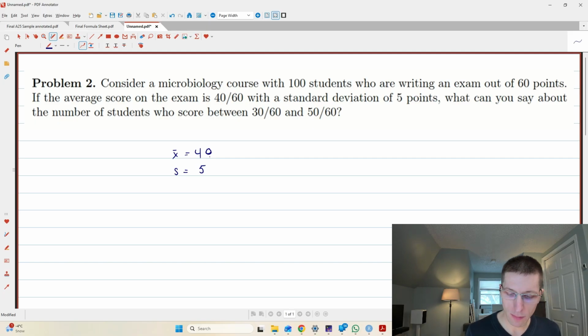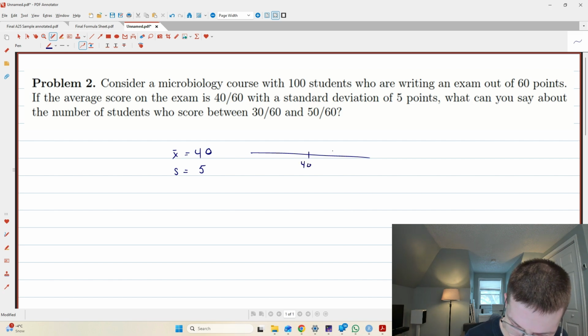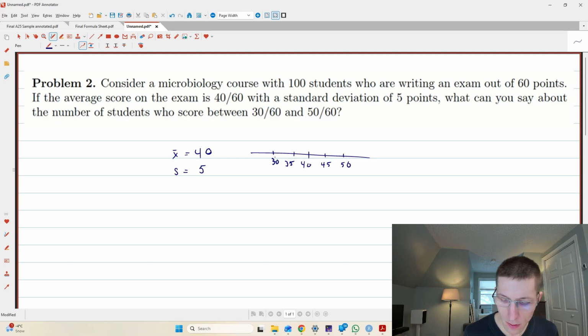If you're going distances of 5 away from 40, the Z scores are going to be 1, 2, -1, -2.